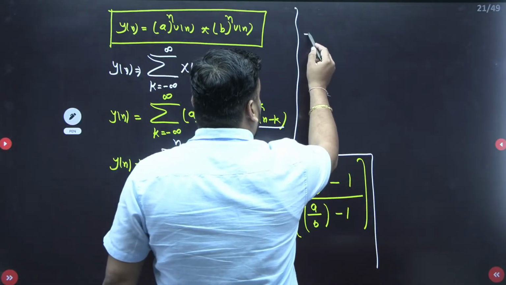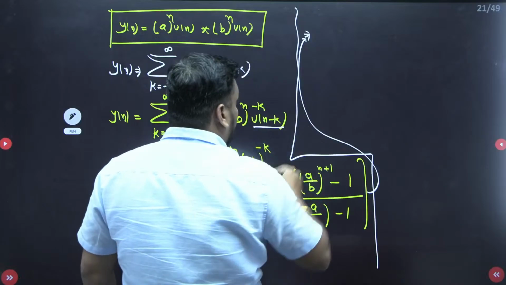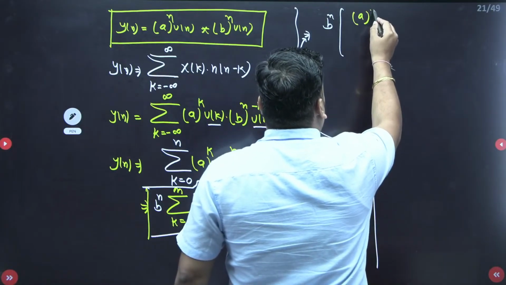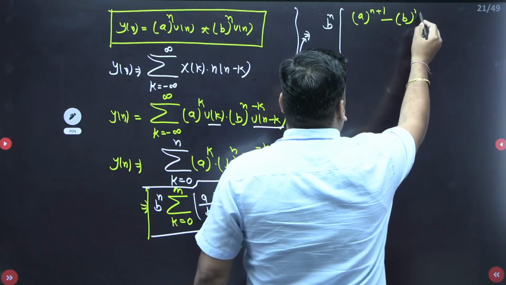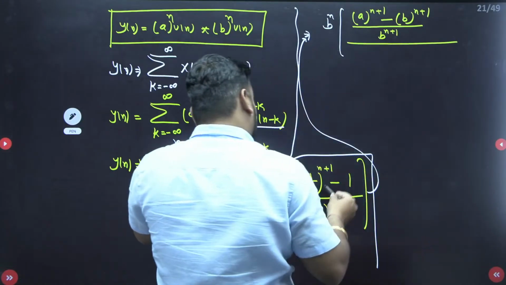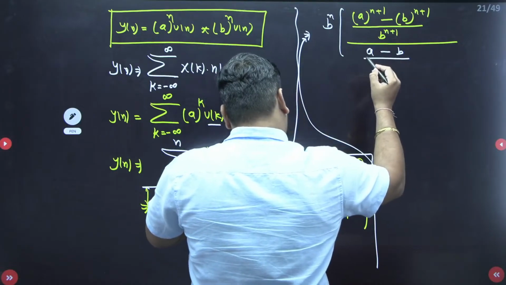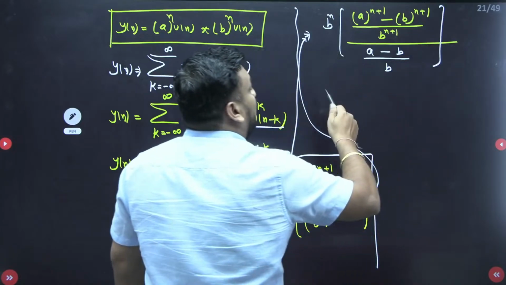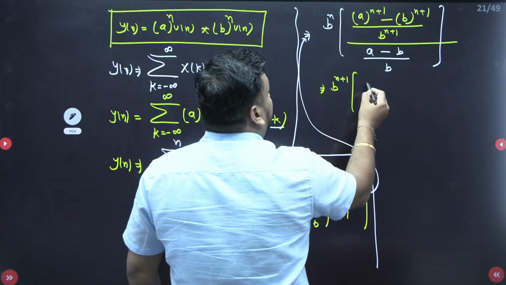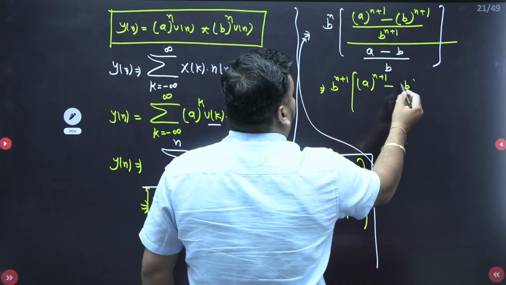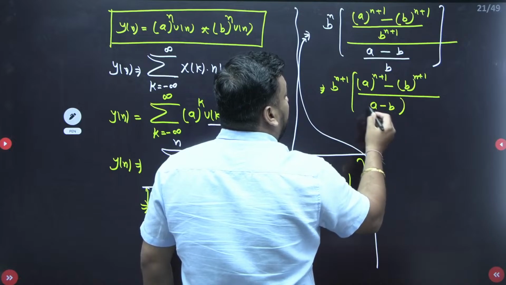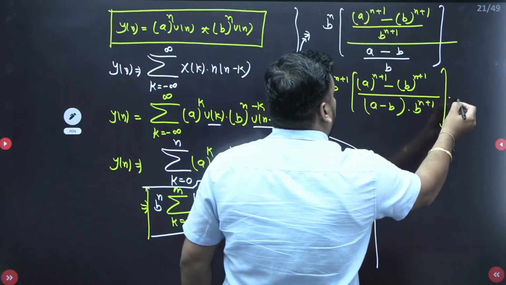Now after this result, I am writing here. You get b^n outside the bracket, and here when you take the LCM, you ideally get a^(n+1) minus b^(n+1) upon b^(n+1), and ultimately also a minus b upon b. So students, if you see now, this is b, so in the power b^(n+1) it will be a^(n+1) minus b^(n+1) upon a minus b into b^(n+1) into u[n].